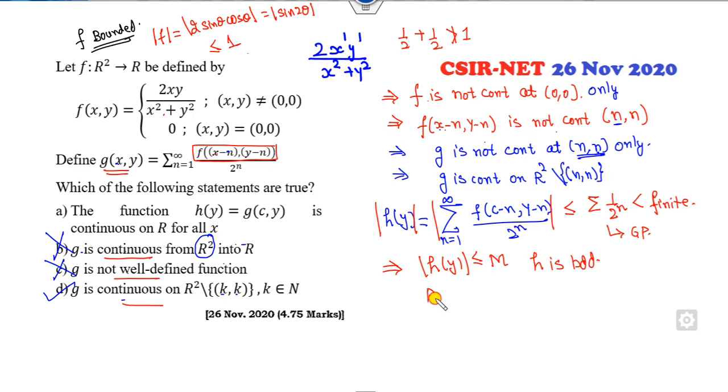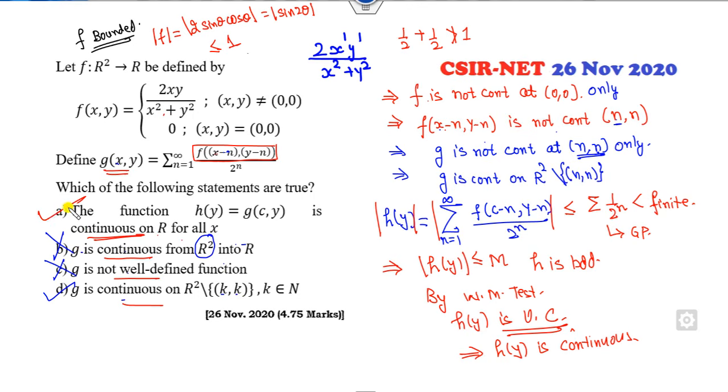So you can say by the WM test, this h is uniformly continuous. Once h is uniformly continuous, h is continuous. So again, h is continuous on R for all x is the right option. So A and D are my correct options. Whenever there is a question related to this, always check about the boundedness and the continuity. Always.